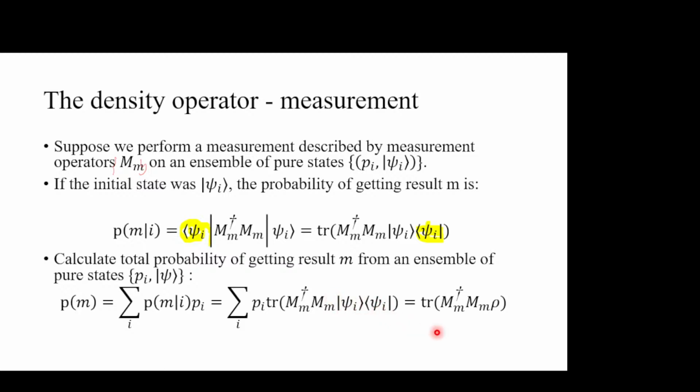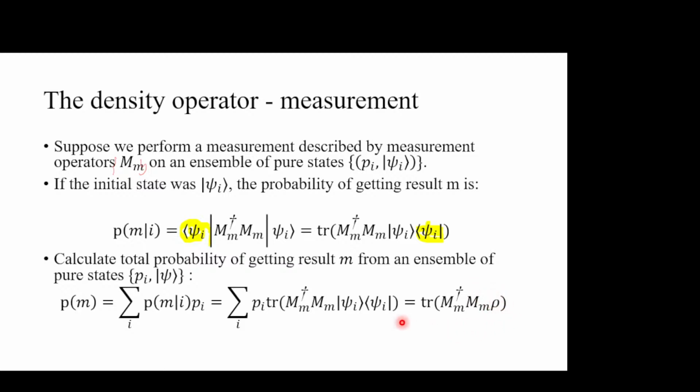Here once again we use that trace is linear, and matrix multiplication is linear. So we put this p_i and the summation over i inside, and we see that the summation over i of p_i |psi_i><psi_i| once again is our density matrix. So this is just the trace of M_m dagger M_m rho.